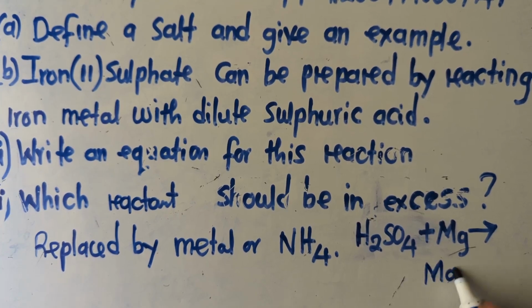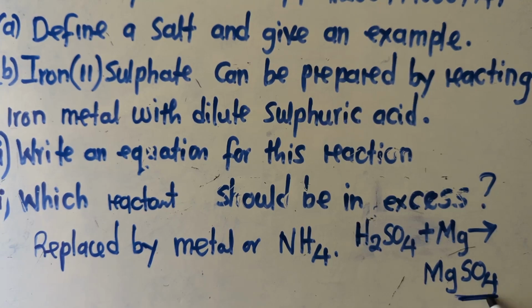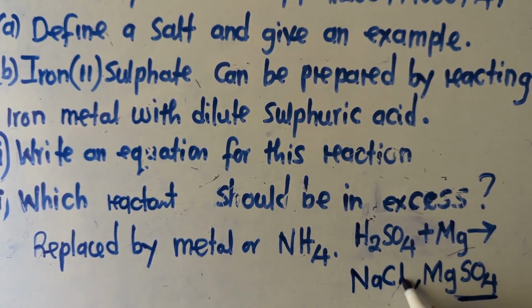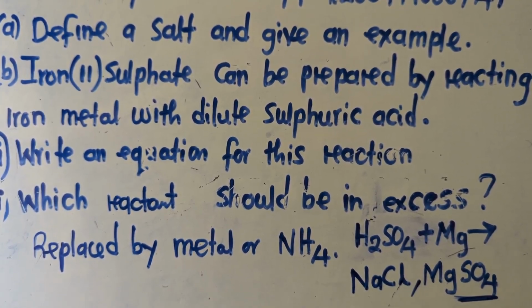And the name of the salt will be called magnesium what? Sulfate. So where it is saying, give an example, you can put magnesium sulfate. Aside from that, you can also put sodium chloride as an example. Ammonium chloride, all those are examples of salts.